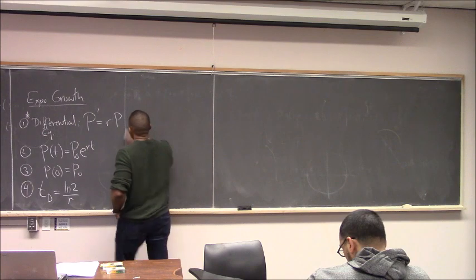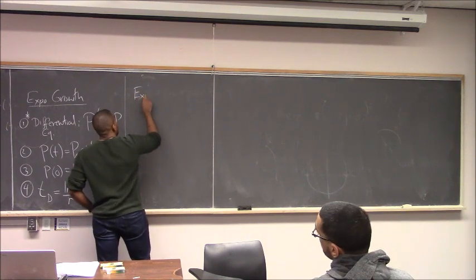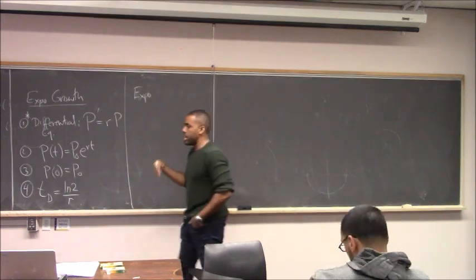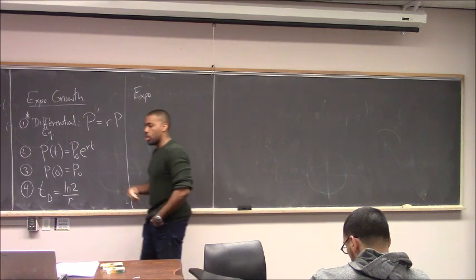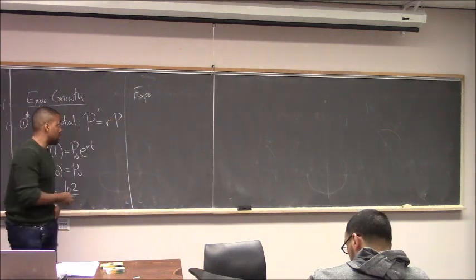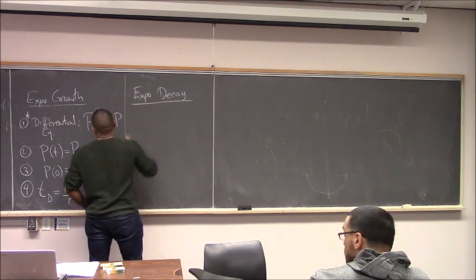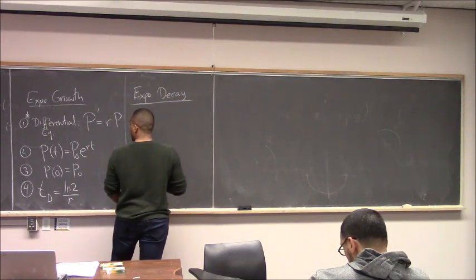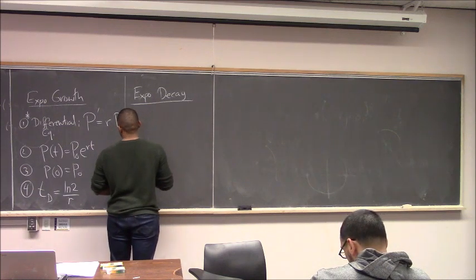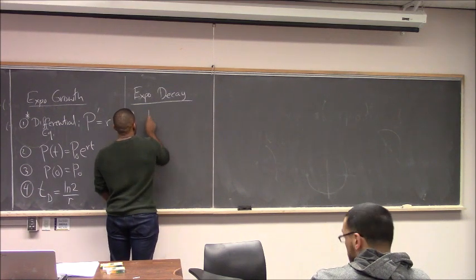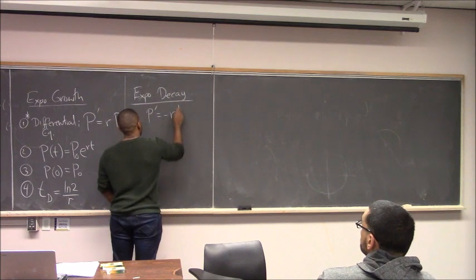And decay is pretty much the same. So this is when you're decreasing proportional to your current size, or you're decreasing by a fixed percentage, or you have a radioactive substance or anything like that. These are keywords. So this is called exponential decay. And the equations look pretty much the same, except your r's are replaced with negative r's. So the differential equation would be P prime equals minus rP.